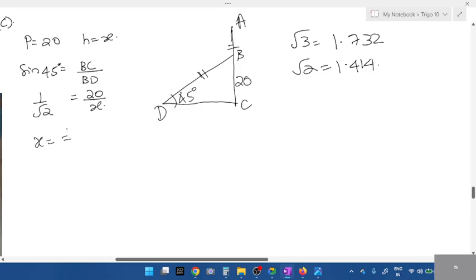What about others? What did you get, students? 20 root 2 gets multiplied. So 20 can be written as 2 into 10. Split it. I've told you all, whenever there is a decimal, students, you can split. It becomes easy to calculate.